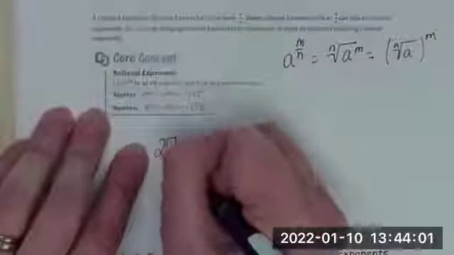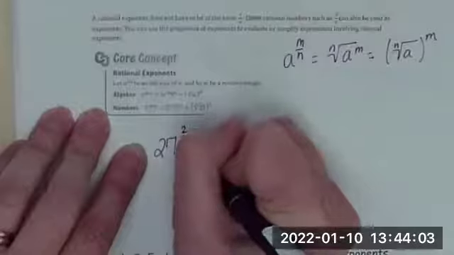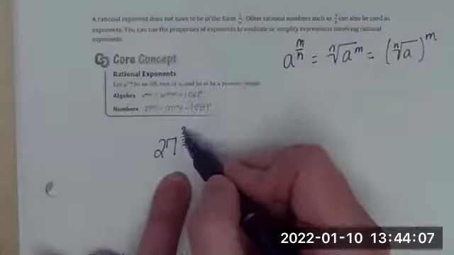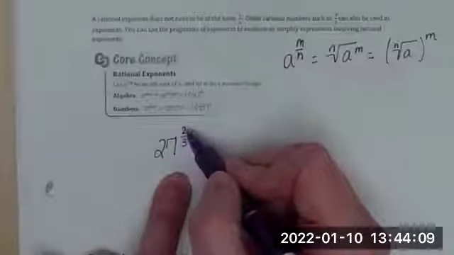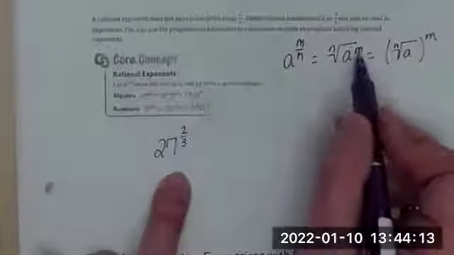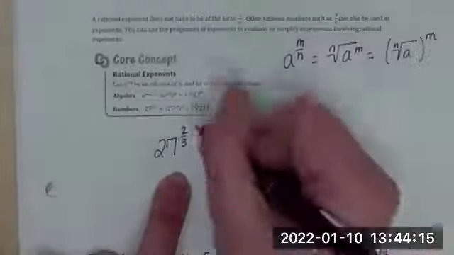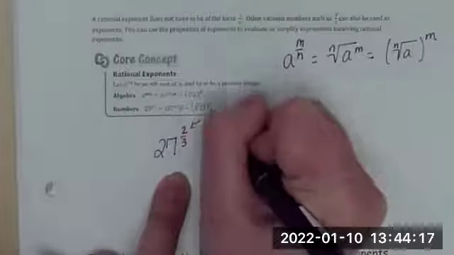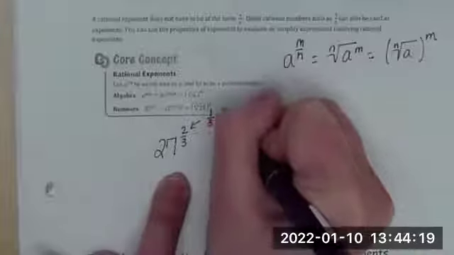If I have 27 to the 2/3, in the past we had just an exponent of 1/n. And if you recall, the numerator really was this m right here, because think about it this way: this is 1/3 times 2.